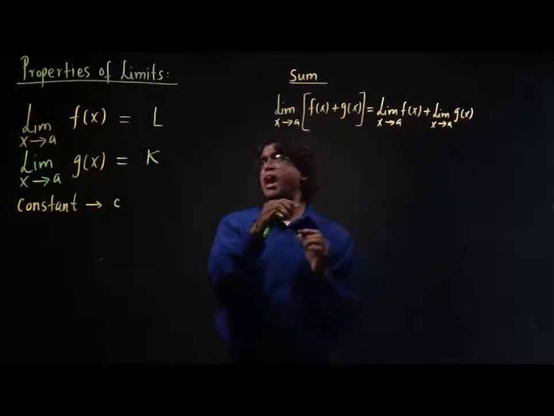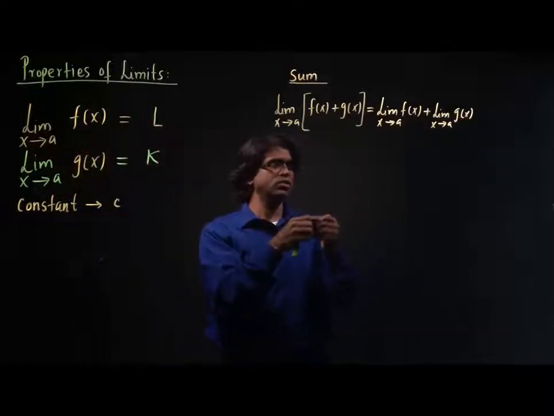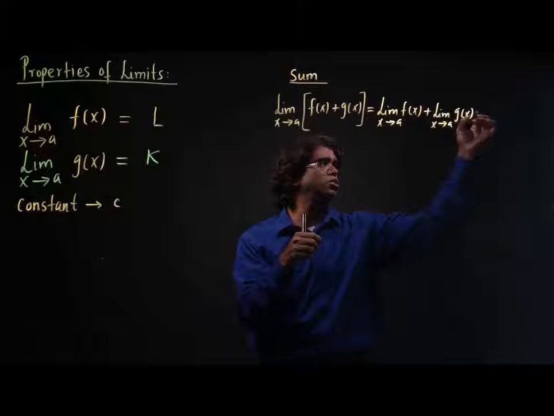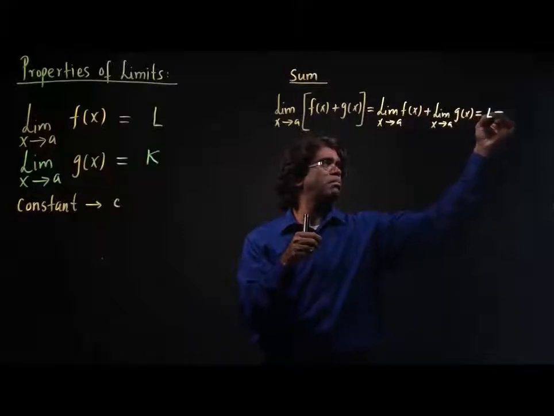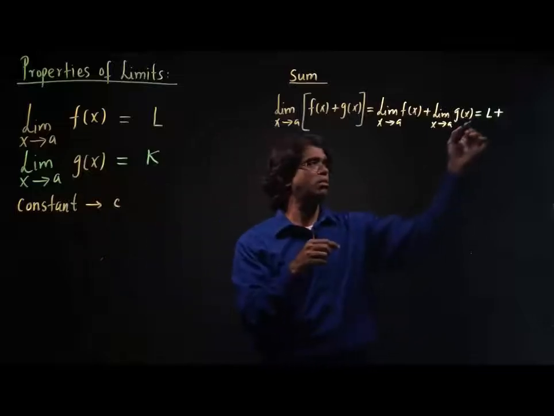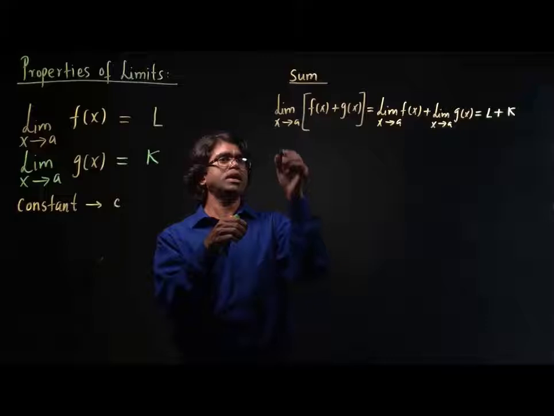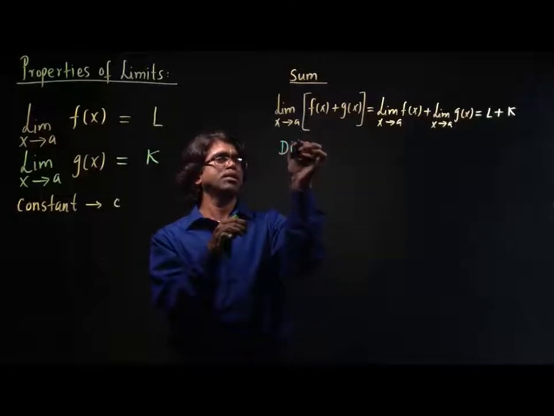And as we can see, limit x tends to a f(x) is capital L, so I will write this as capital L plus limit x tends to a g(x) is capital K, so I will write L plus K.